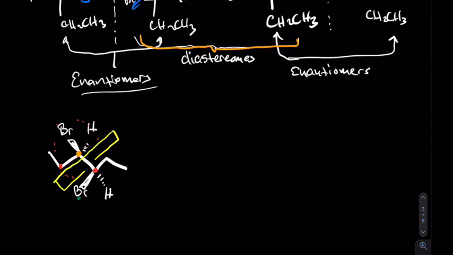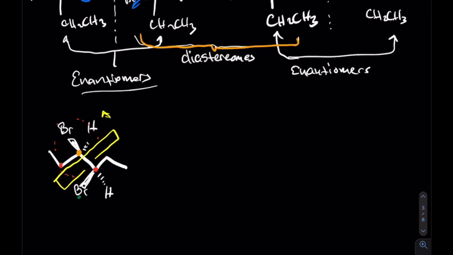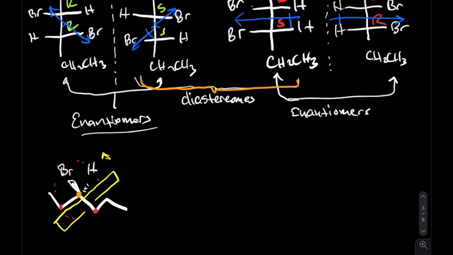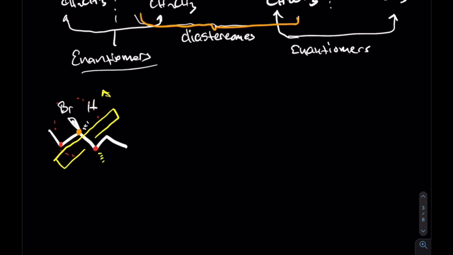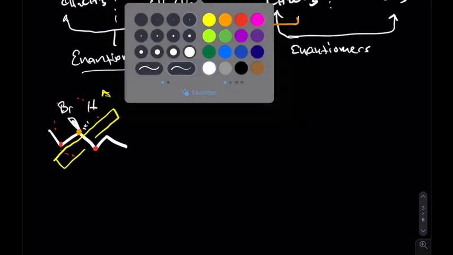And everything on this side of the mirror is going to be, well, not the same because that's not a mirror plane. That's why Fisher projections are so cool. Actually, the mirror plane is the opposite of that. It is the one where the BRs are back. This is their mirror plane, right?